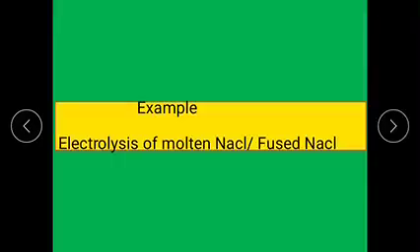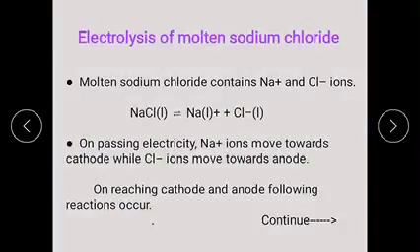Now let us see an example of the electrolysis process. Here you can see the electrolysis of molten or fused NaCl. In the molten NaCl electrolysis, we have to take molten NaCl as an electrolyte in the electrolytic cell.